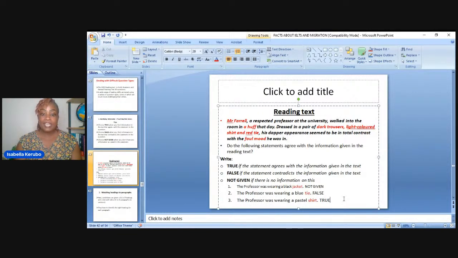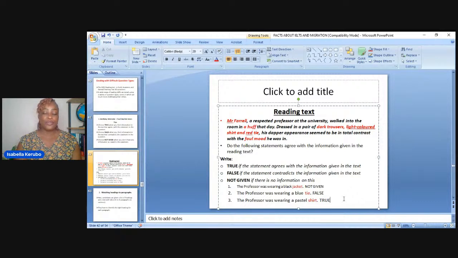Choose false if the statement contradicts the information given in the text. Like in question 2, yes, we are given information about the tie, but the information here does not agree with the same information that we read in the text.